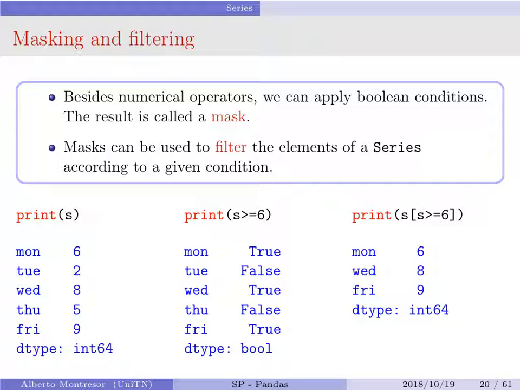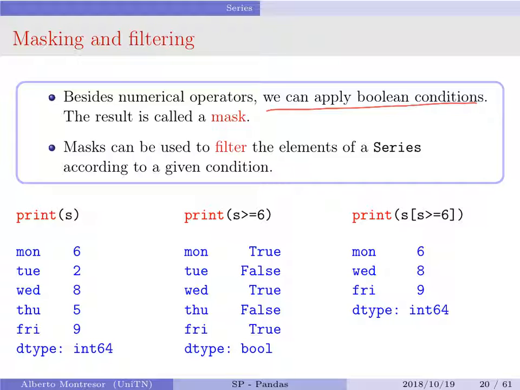Now, the other part which is really interesting is masking and filtering. The idea is that you can apply Boolean conditions to your series, and this is a Boolean condition which is broadcasted over all the elements and computed for all the elements.